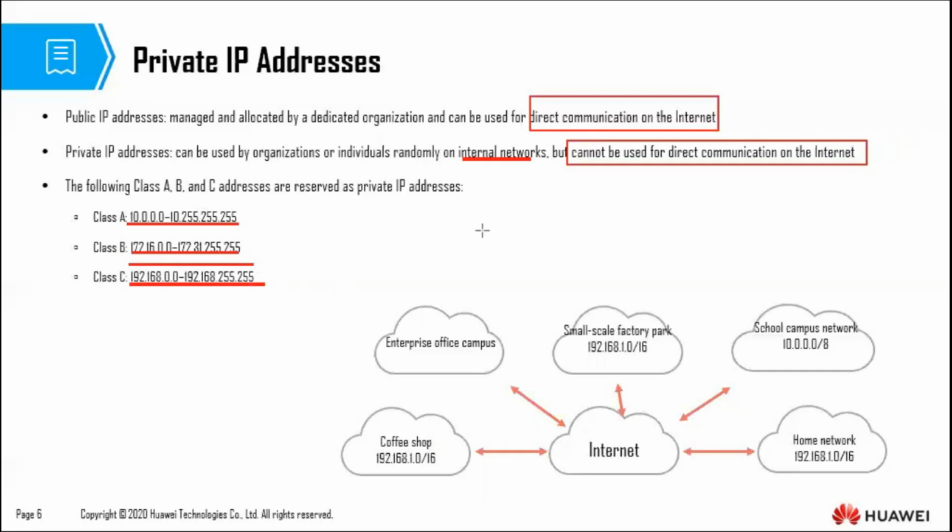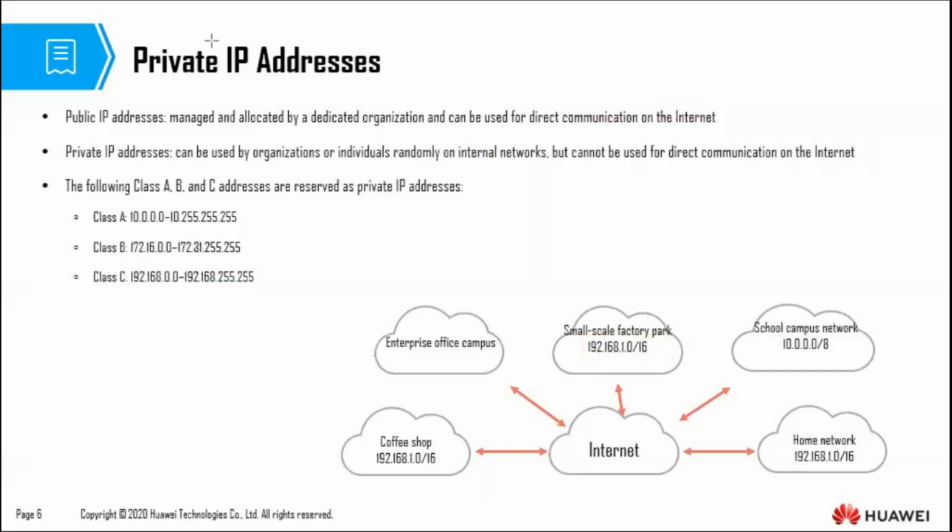So that is very important. So you can see here we have a coffee shop that is using this 192.168.1.0/16, and it's being reused, the same thing, by the small scale factory and so on and so forth.